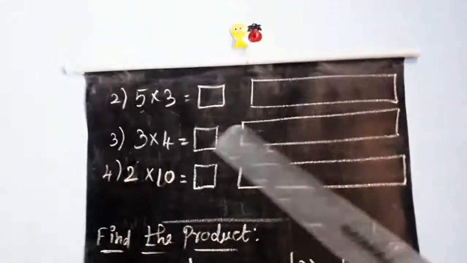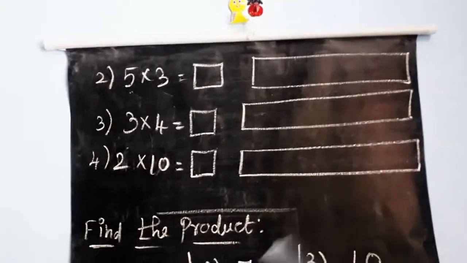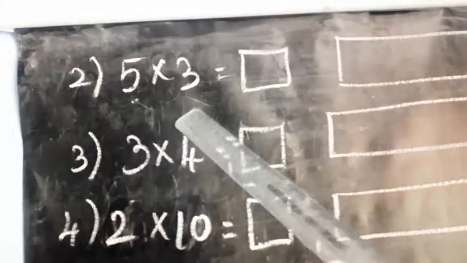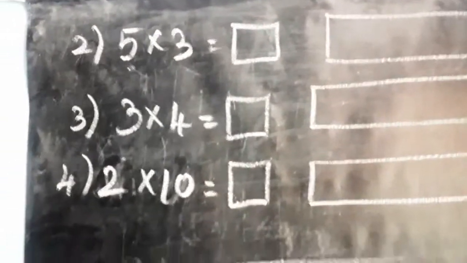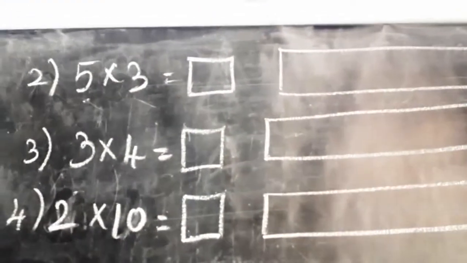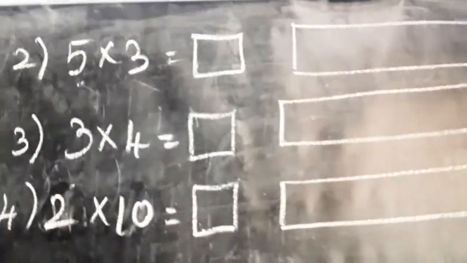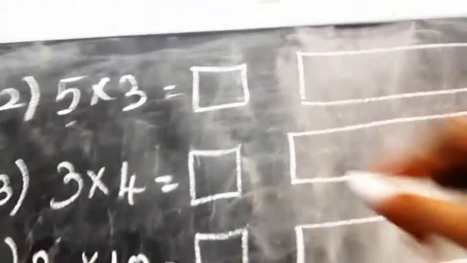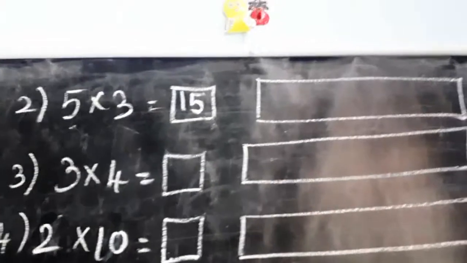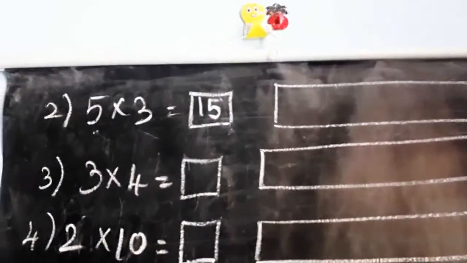Now again, using repeated addition, fill in the blanks. Fill in the box. Here, the second one, 5 3s are. In the last class we saw the multiplication table, isn't it? So now we can tell 5 3s are 15. So you have to write 15. Then you can write the repeated addition.